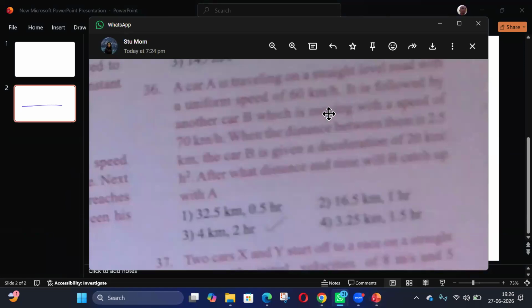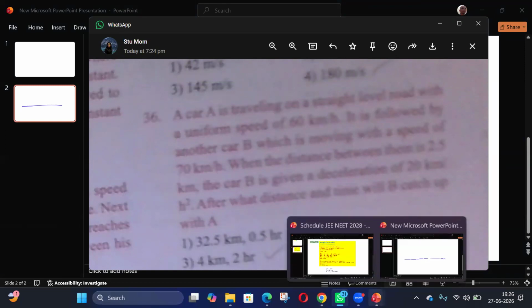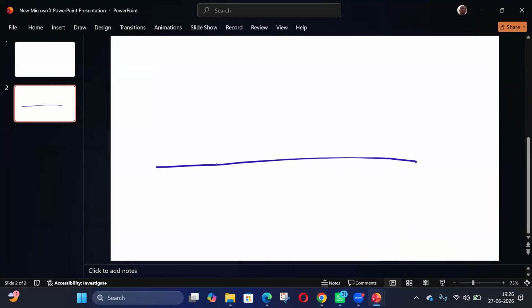Car A has uniform speed, and it is followed by B. B is behind, so obviously it should have a higher speed to catch up with A. So A is ahead, and B is behind it.